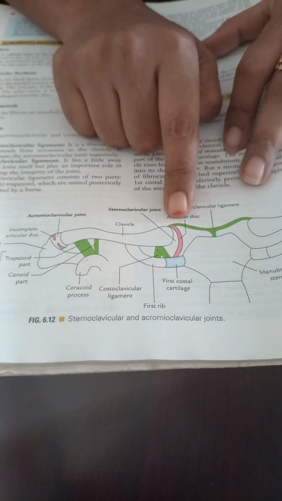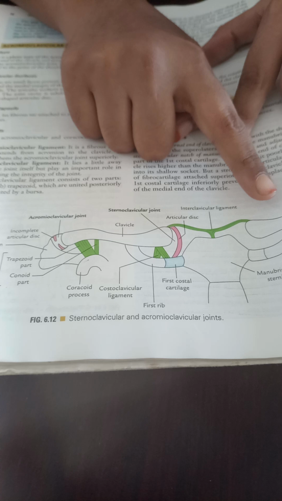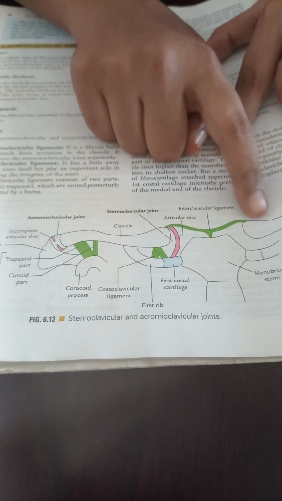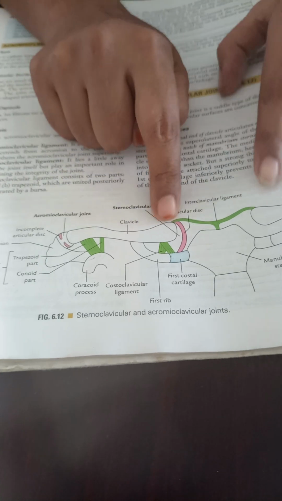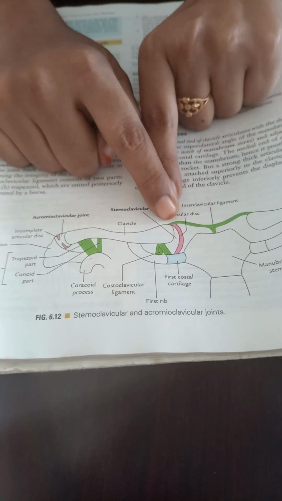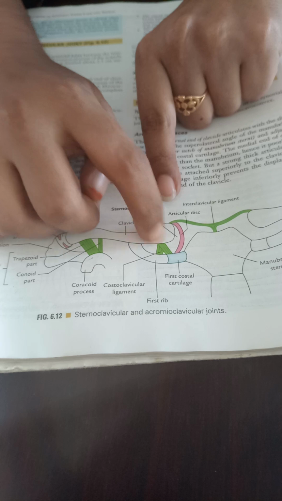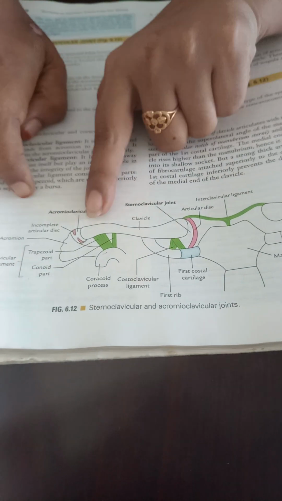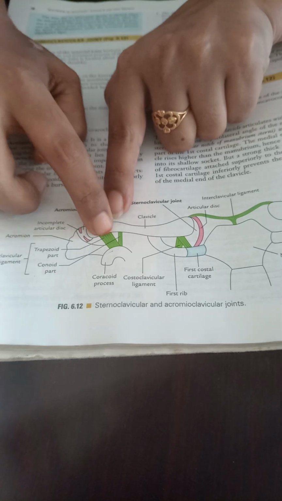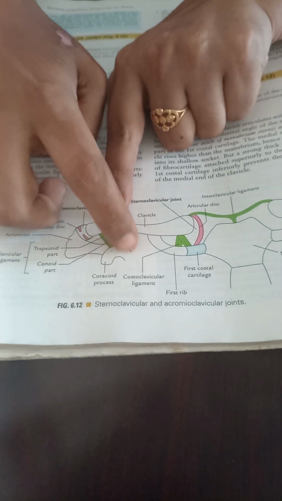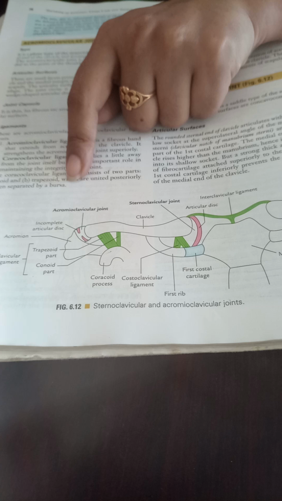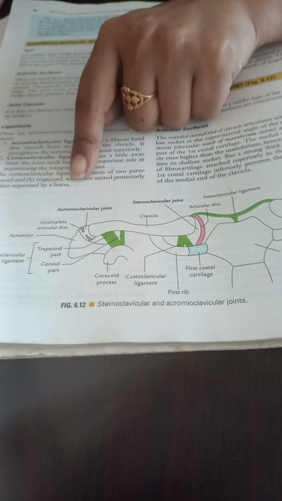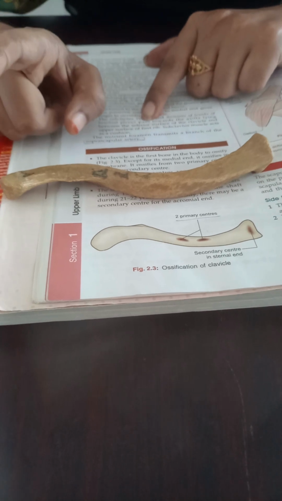From this picture we can see the ligament attachments: at the medial end, upper portion, there is the interclavicular ligament between the two clavicles. Here is the costoclavicular ligament in the medial portion, and in the lateral portion the coracoclavicular ligament, with its conoid part and trapezoid part, and on the ends the capsular ligament. Now the ossification.